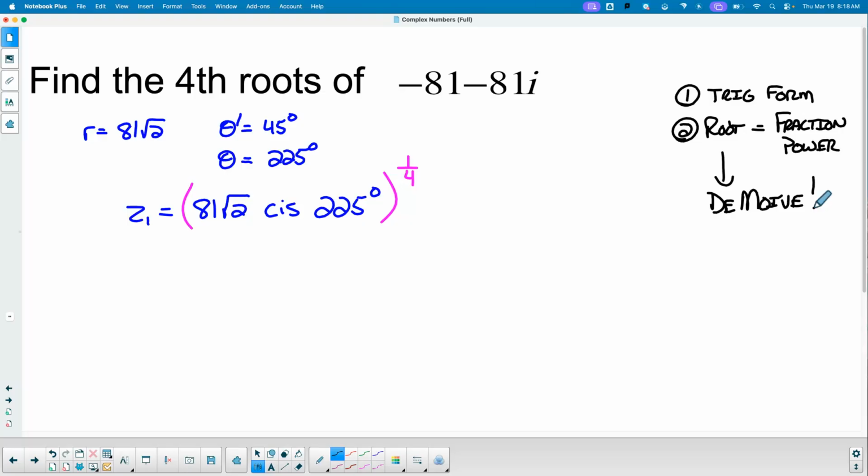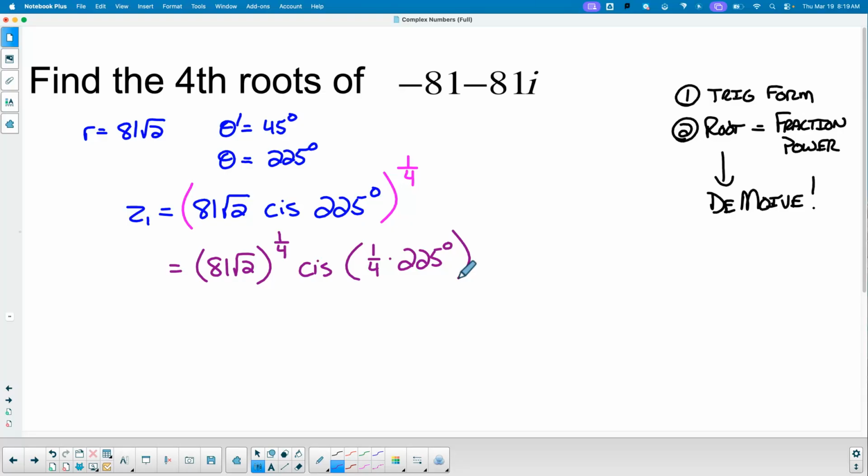So the 1 over whatever root we're taking is the power, and then we can demov that one. Okay? So this would be then 81 square roots of 2 to the 1/4 power cosine I sine of 1/4 times 225 degrees.